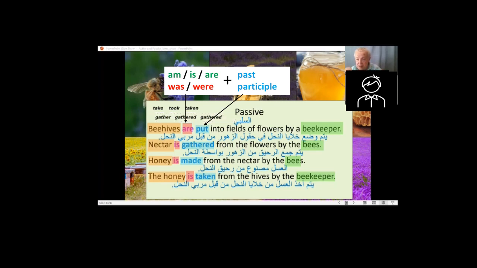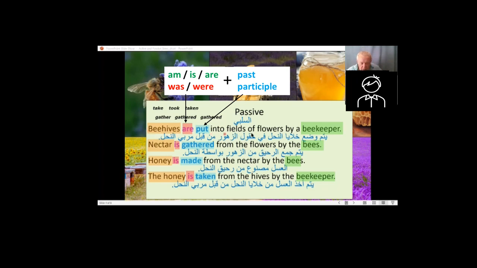Gather, third verb. That's right. Both are the same. Gathered, gathered. So when it's ed, the past and the past participle are both the same.